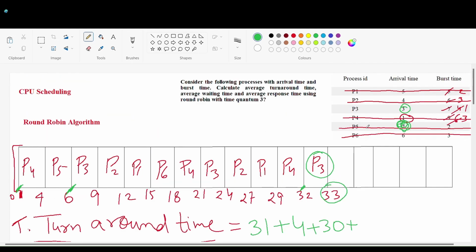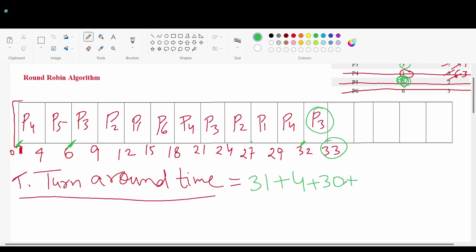Then go to P2. P2 enters into the system at 4 and exits from the system at 27. So 27 minus 4 is 23. So the total turnaround time of P2 is 23.